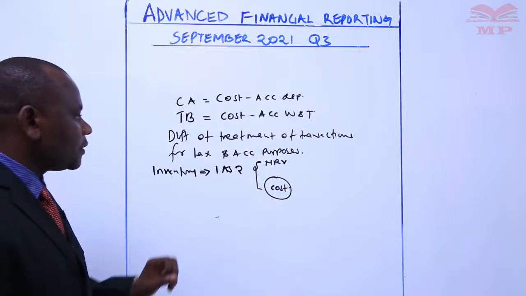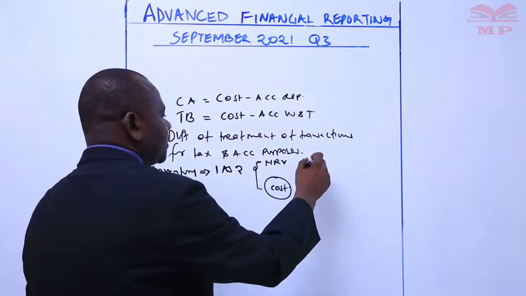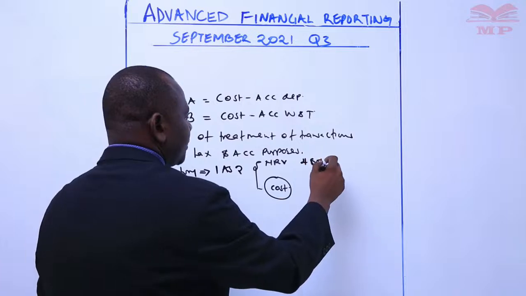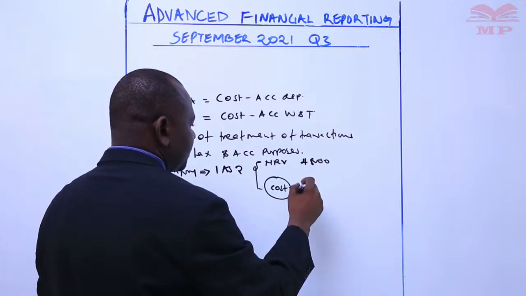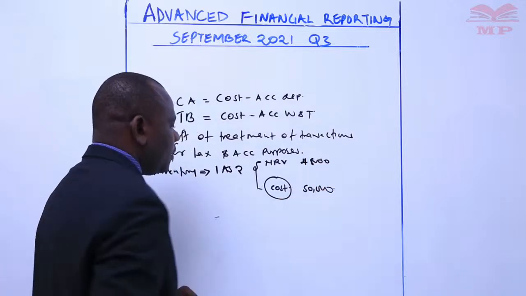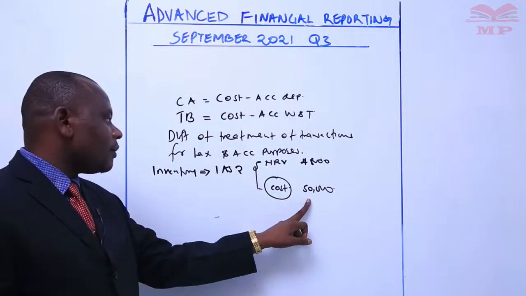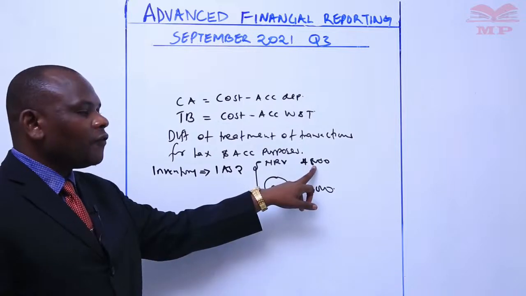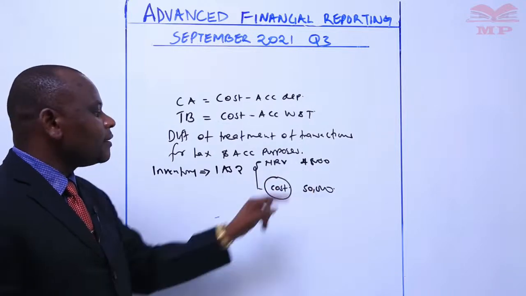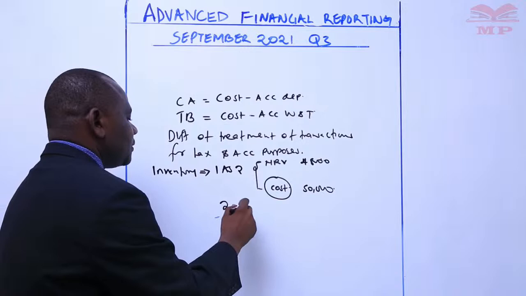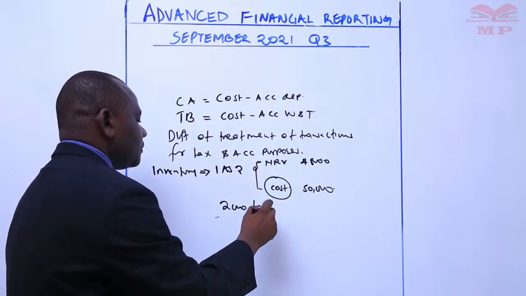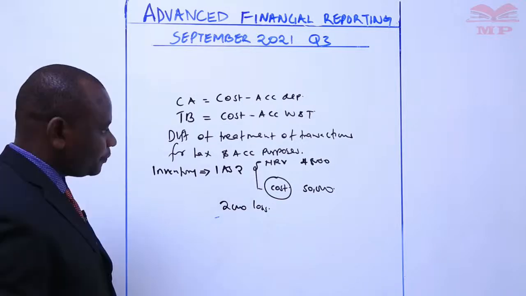Suppose the NRV is 48 and the cost is 50. The taxman will take 50 as the value of stock, while the accountant will take 48 and then disclose 2,000 as loss in the income statement, loss on stock.